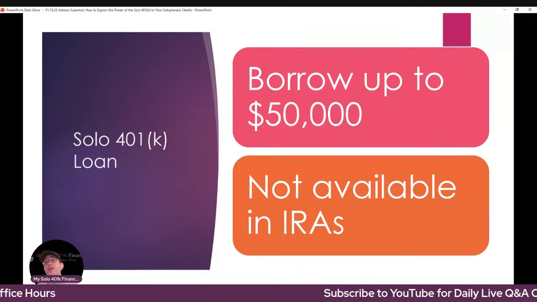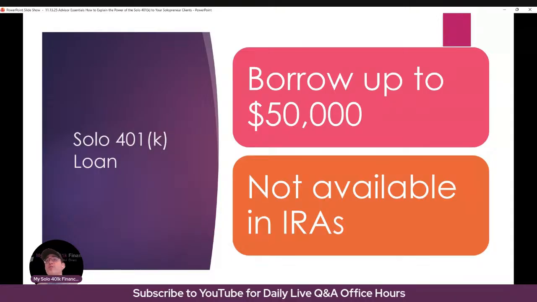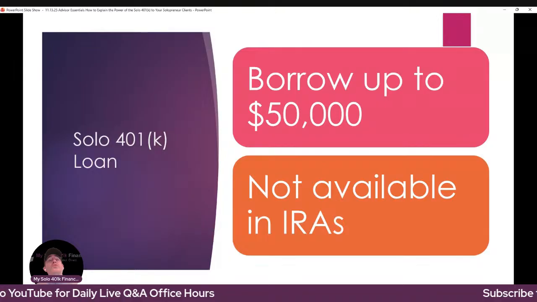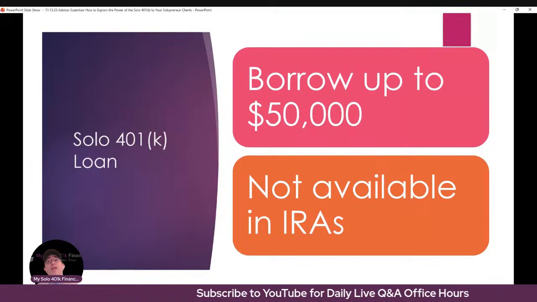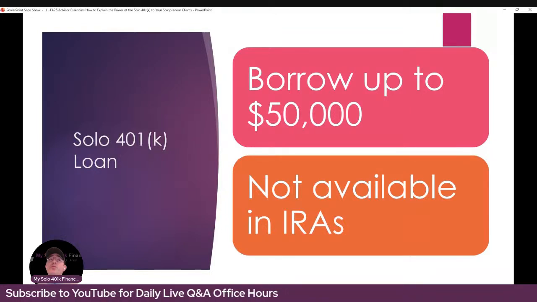The loan needs to be within the terms that are allowed and paid back according to the loan terms. So what are those terms? Well, the person is limited to borrowing up to 50% of the balance, not to exceed $50,000. It needs to be paid back in monthly or quarterly payments, equal payments of principal and interest.